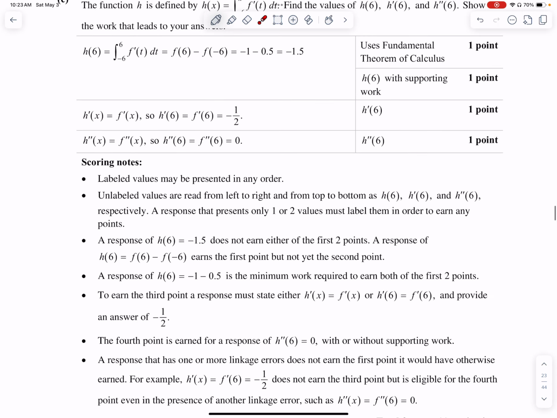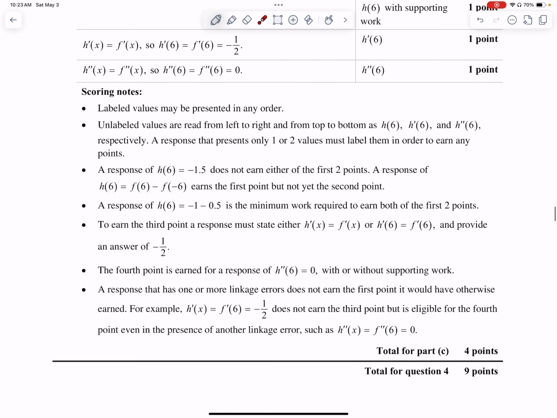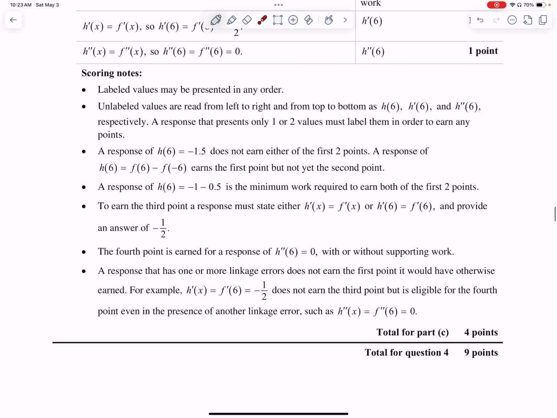And our scoring notes include labeled values may be presented in any order. Okay. And then just like before, if you don't label them, it's going to be read left to right in order or top to bottom in order. A response that presents only 1 or 2 values has to label them in order to earn any of the points.